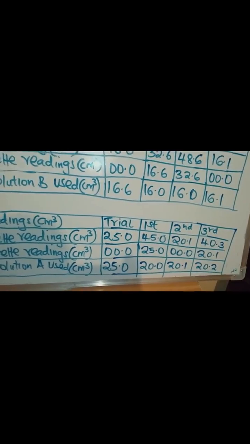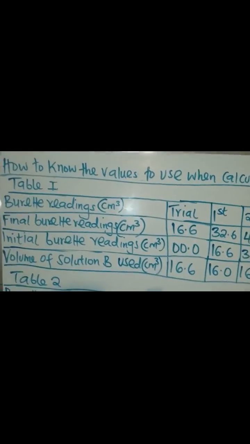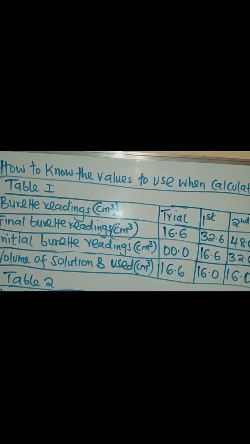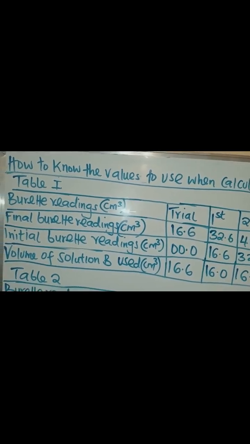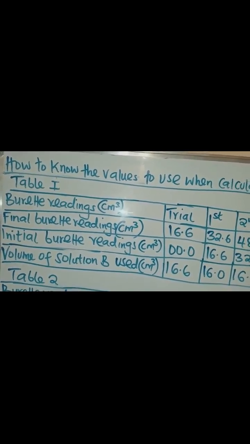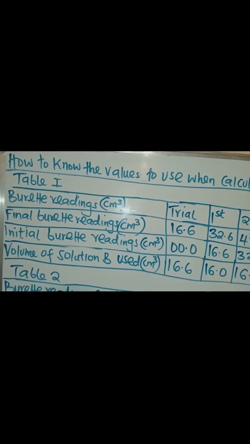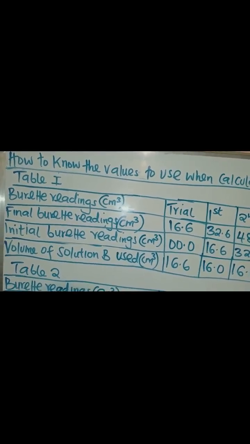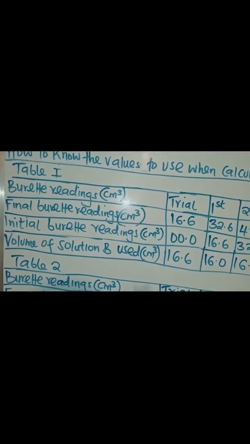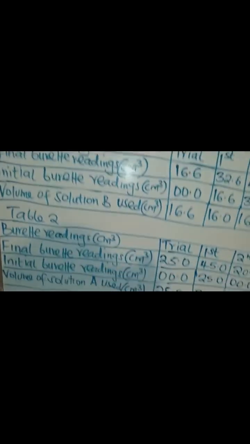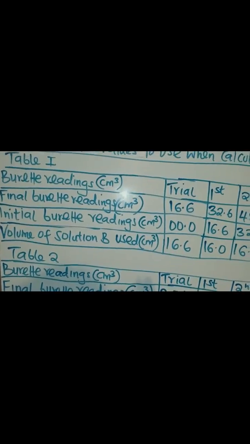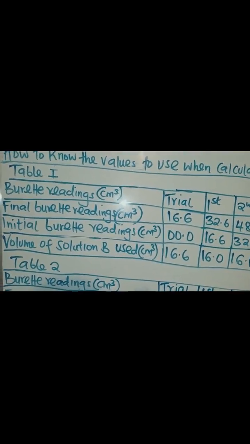So with us we have two tables, and we will begin with the first one. In the first table, it is a titration table. That is why we have the burette readings, the final burette readings, the initial burette readings, and the volume of solution B used. So I used those letters, solution B, for the first table, and in the second table I have used solution A. They are just examples.